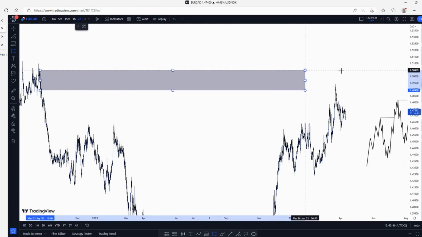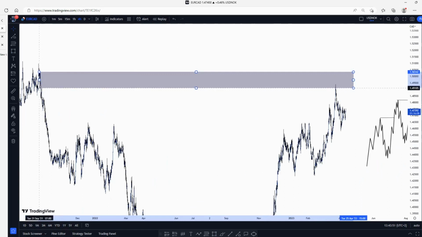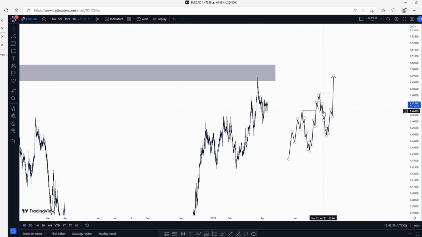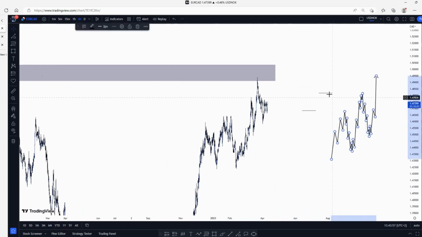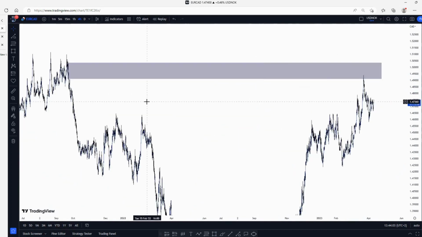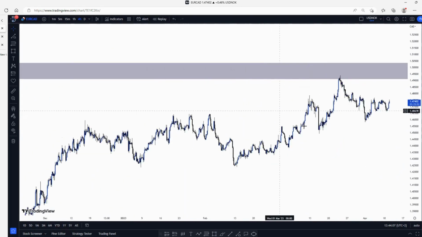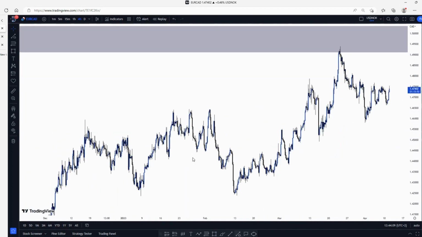Okay, so we started from here, with this area of supply, which is like one solid area, right? Then let's just do a quick one. As I've said, I'll not be going through everything.